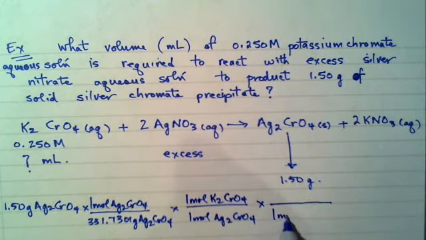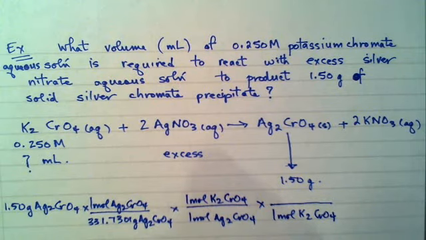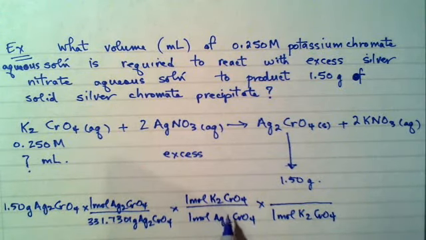Now, how much mass is that? Well, 1 mole of K2CrO4 has a, whoops, I'm trying to go too fast. Pardon me, I misled you. I can go right to concentration here, in fact.